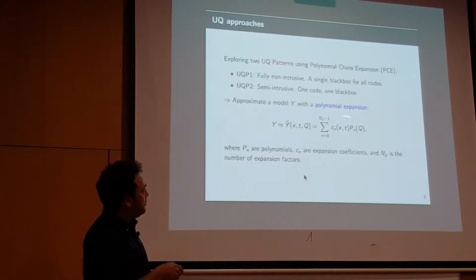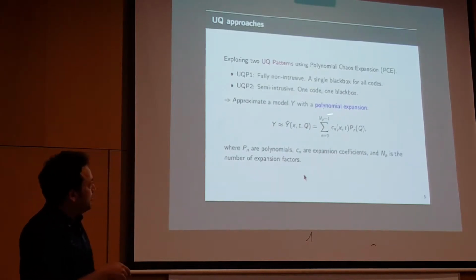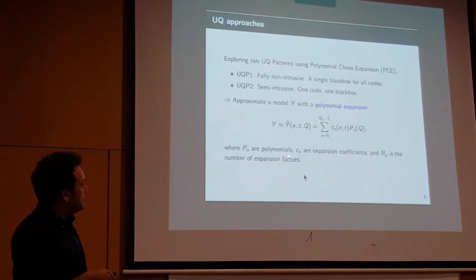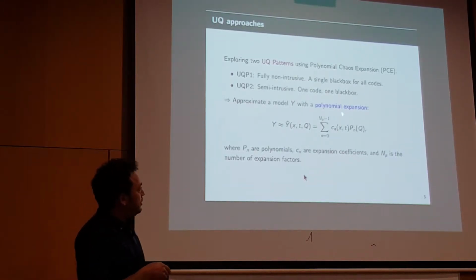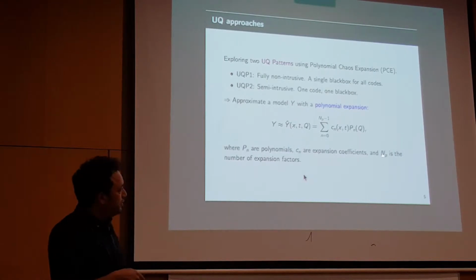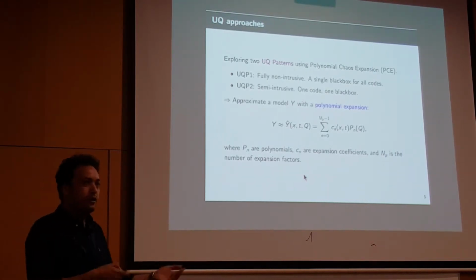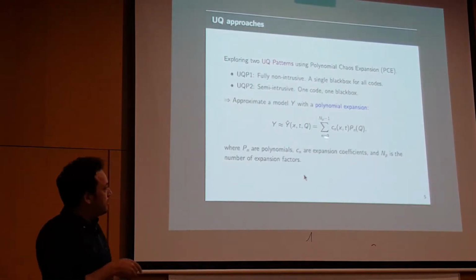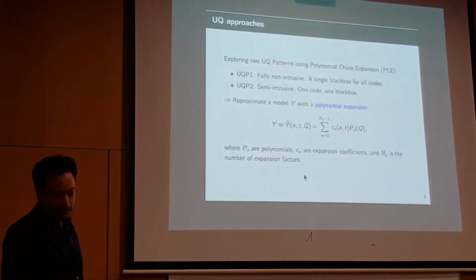We can expand it using the polynomial expansion, with Pn the polynomials and Cn the coefficients. The number of terms in the expansion depends on small p, the degree of the polynomial, and also on the number of uncertain parameters.